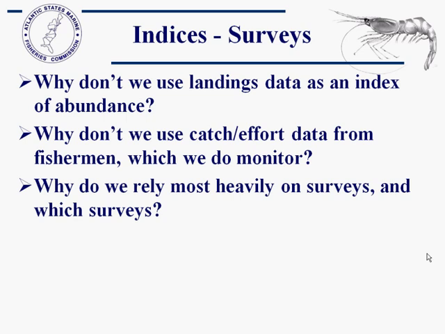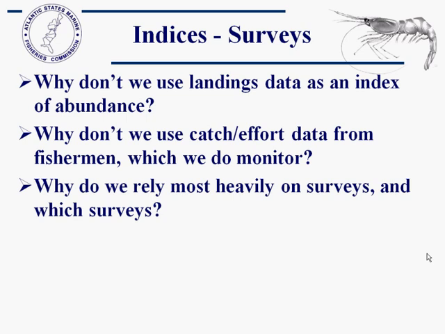So if we have something better, we try to use that instead. Catch per unit effort from the fishery is something that you've probably all heard about. For shrimp, it might be pounds of shrimp per hour towing. Lobsters, it's pounds per trap haul. That can be a better indicator.